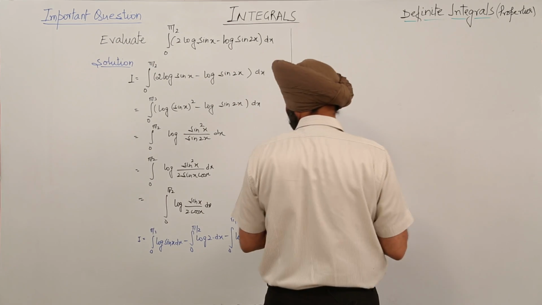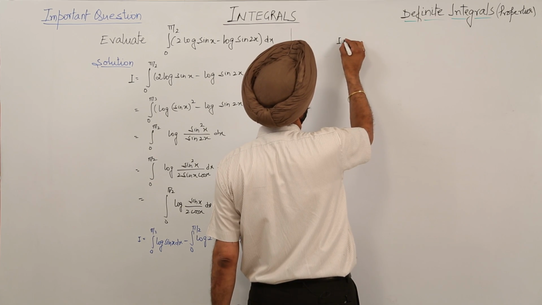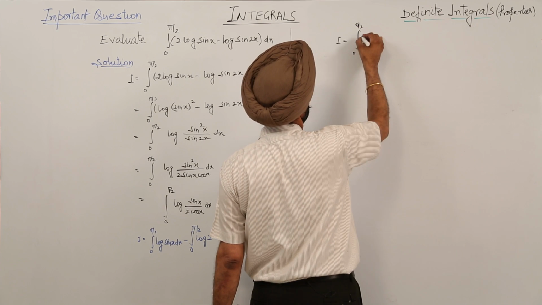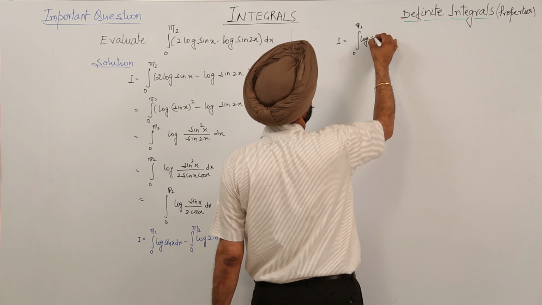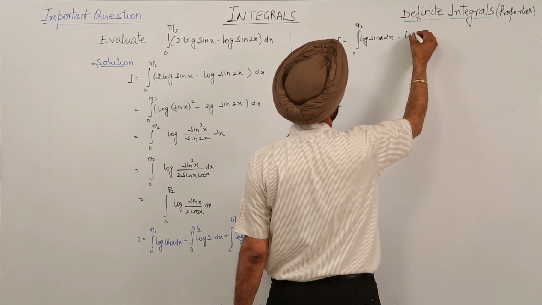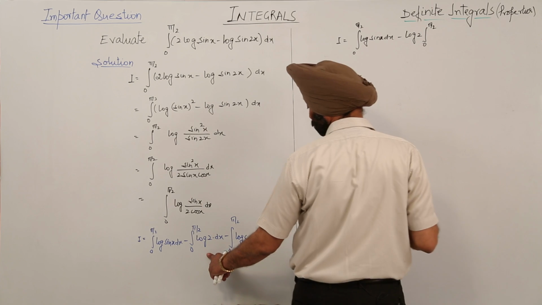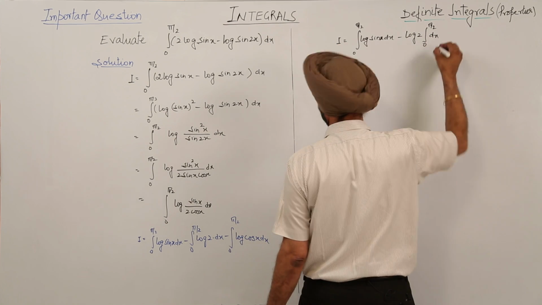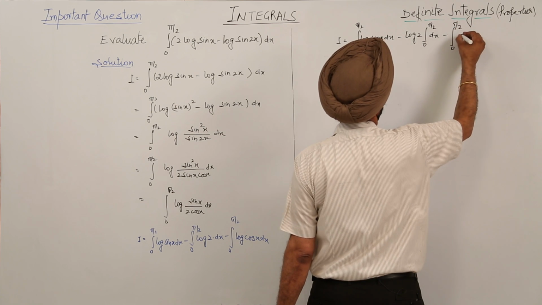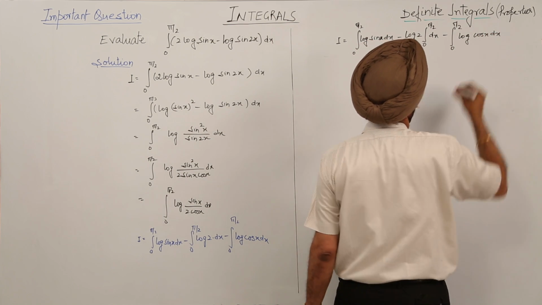So now we are having 0 to pi by 2 log sin x dx minus log 2, 0 to pi by 2 dx, minus 0 to pi by 2 log cos x dx.